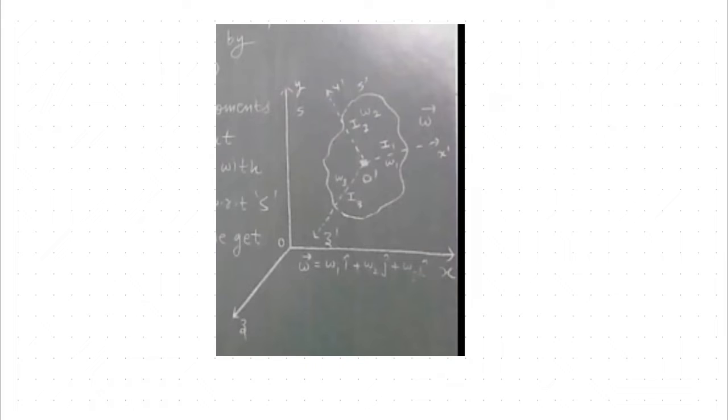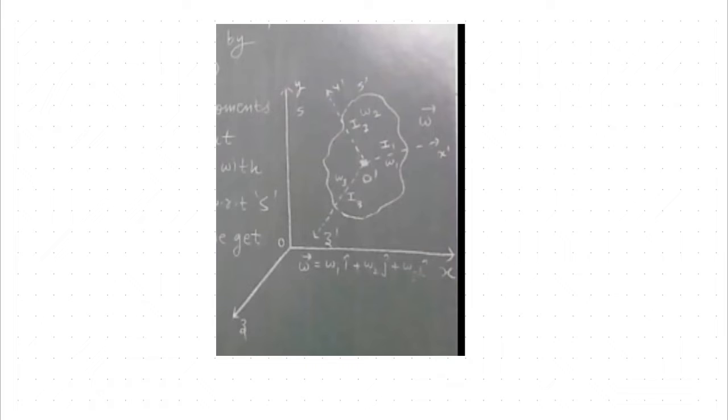Omega 1 is the angular velocity along OX dash. Omega 2 is the angular velocity along OY dash, and omega 3 is the angular velocity along OZ dash.